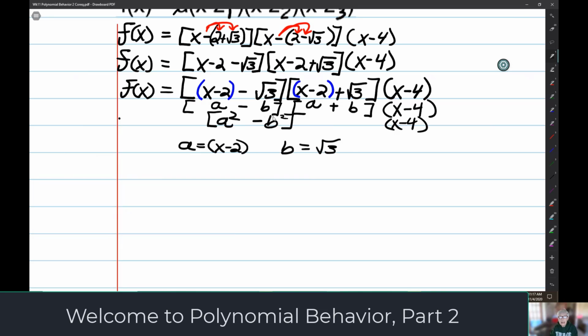So when I multiply A minus B times A plus B and I get A squared minus B squared, that means I'm going to have x minus 2 squared minus the square root of 3 squared. A squared minus B squared.